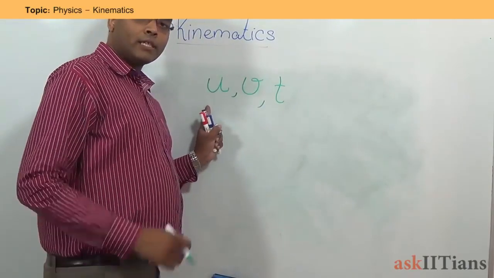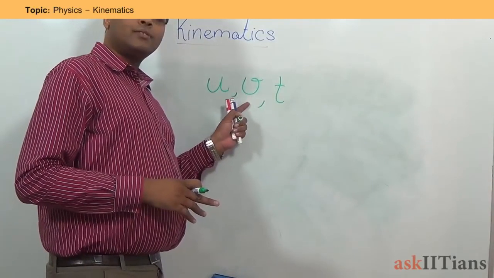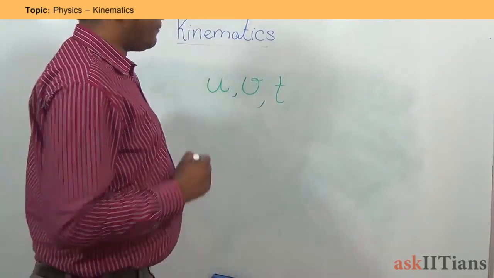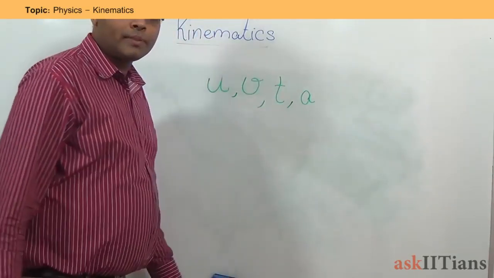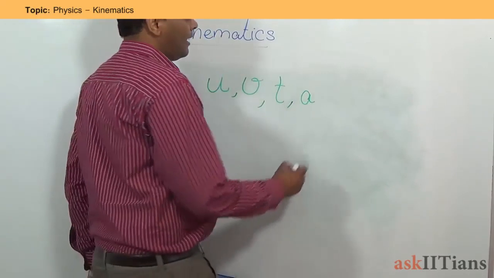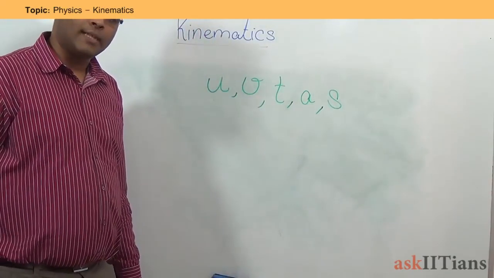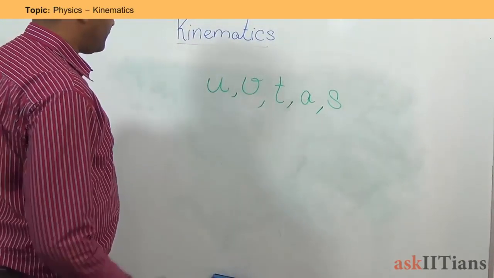The initial velocity with which the particle has started is a constant, it cannot be changed. The final velocity is going to be dependent on the time, and t is the time taken as well. Therefore, since there is a change in velocity, with time there is also going to be an acceleration a, and finally there is going to be some value of displacement produced as well. Okay, so let's try to understand it further.